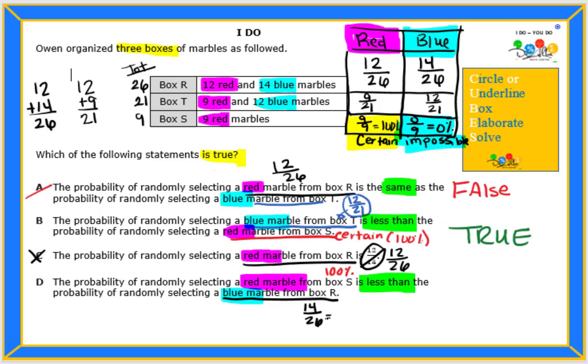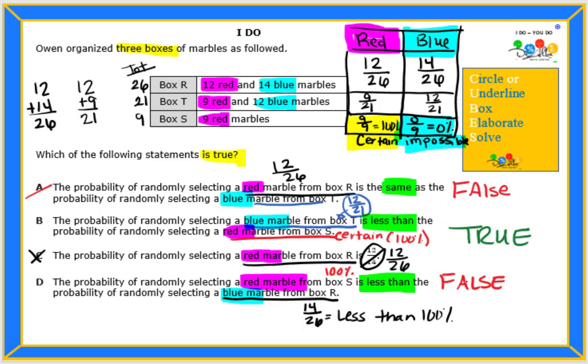That's a little bit more than half, but it's not 100%. So 100% is not going to be less than a fraction that is less than 100%. Does everybody see that? I could actually figure out the percent here, but I don't need to because I can see that 14 out of 26 is going to be less than 100%. And 100% is always greater than any other percent that's less than 100. So we know that this is false. How can 100% be less than a lower percent?